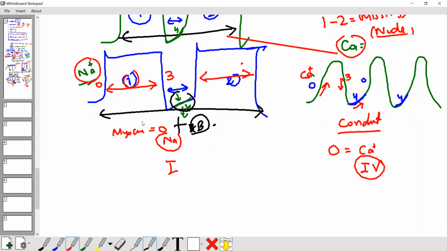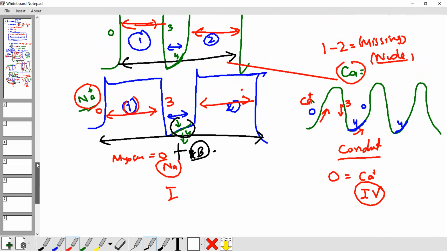This is the difference. Class 1 also acts on phase zero and class 4 also acts on phase zero, but the phase zero is not the same. Phase zero of the conductive system is done by the calcium channel; phase zero of myocardium is done by the sodium channel. That is the difference between a sodium blocker and a calcium blocker.